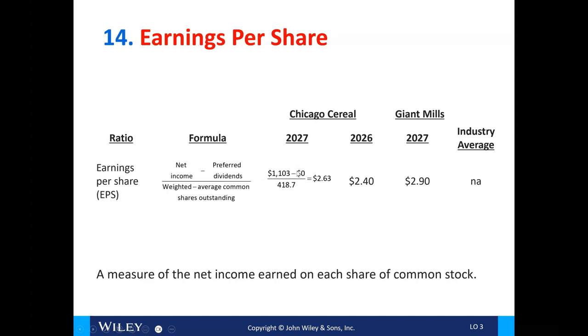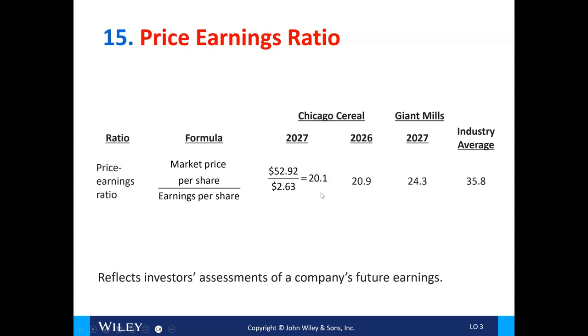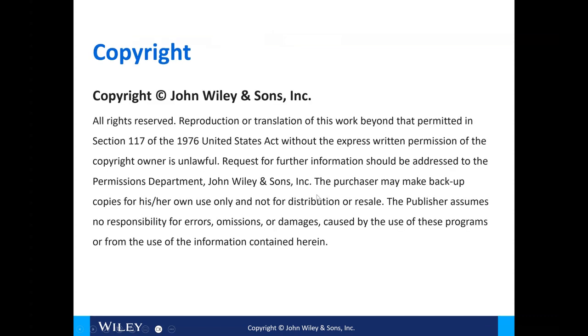Now, one thing is when we buy shares back, treasury shares, this number goes down. And if this number goes down, this number has to go up. So companies that buy their own stock, if they keep it off the market, are increasing your earnings per share. And so price earnings, this is 20. So it's relatively cheap. That does mean they're not expecting a high growth rate.